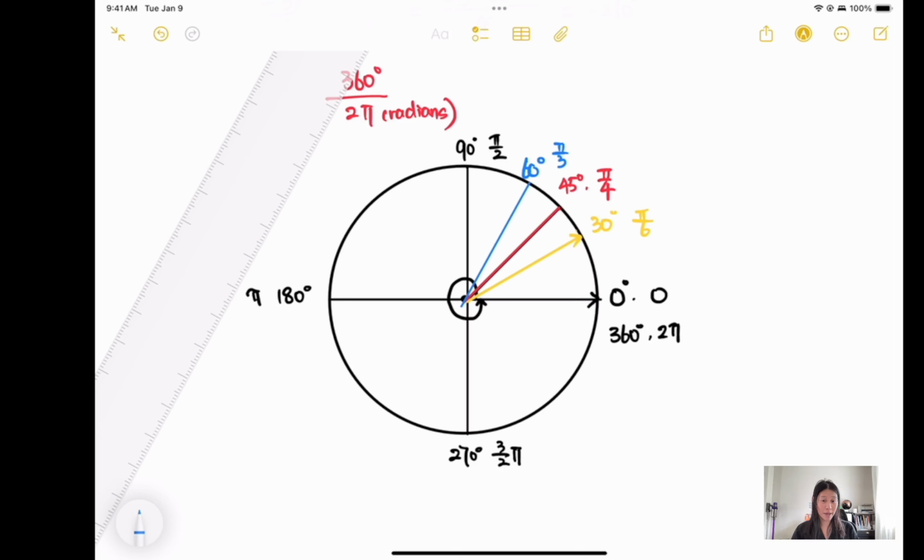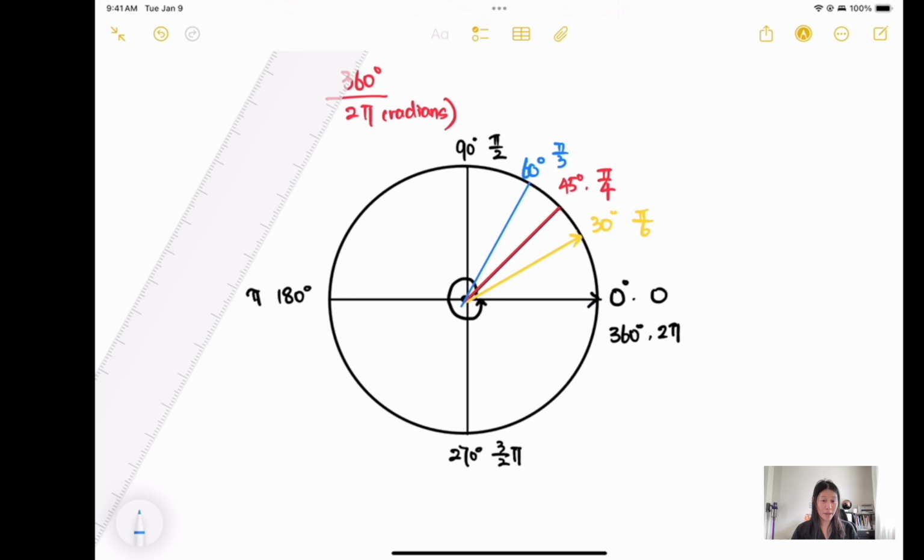Okay, so let's do another example, such as how do I convert 120 degree to radians. 120 degree, we don't know it right away, but you know that 120 degree is equal to 90 degree plus 30 degree.